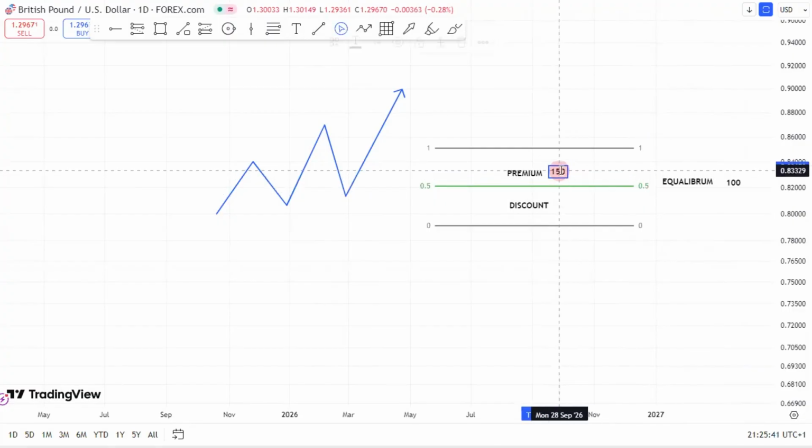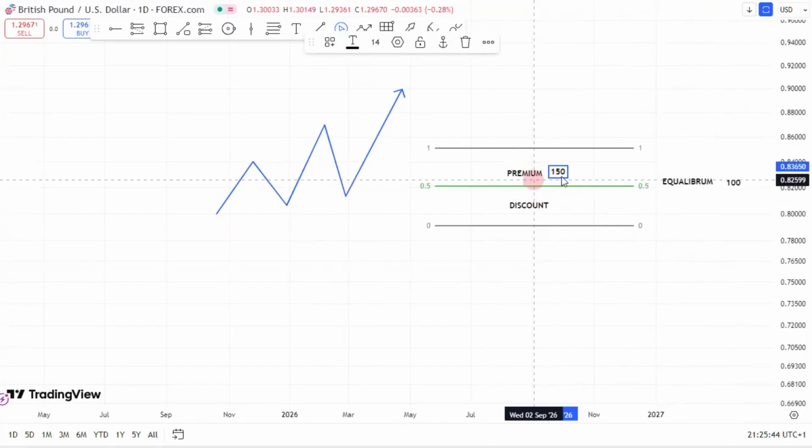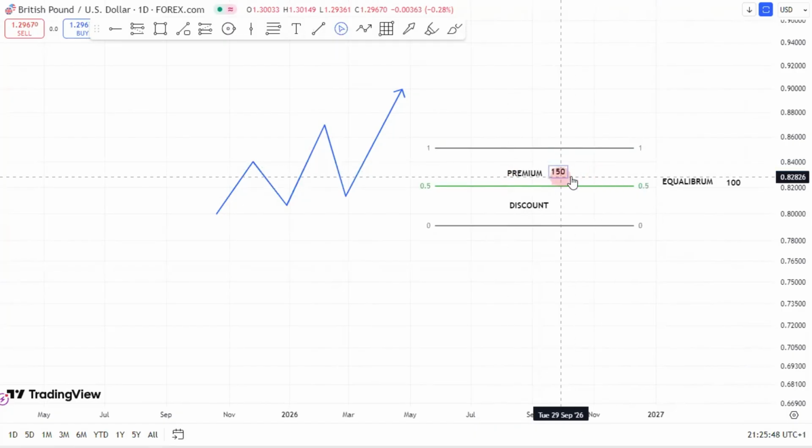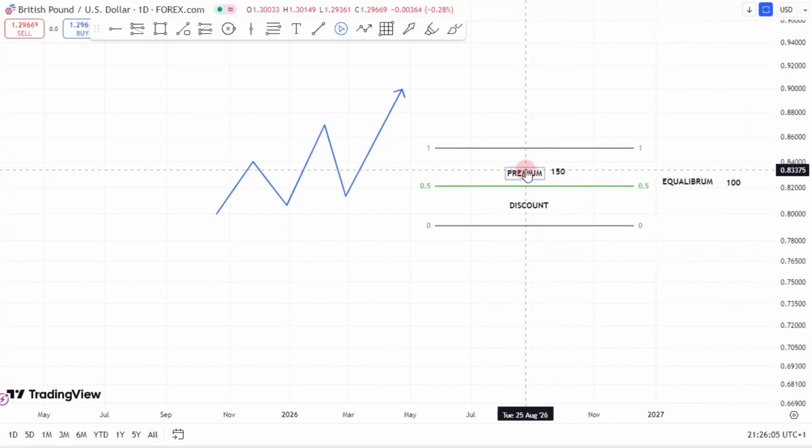Automatically, it means that this product is expensive. So at this point, you can say that the product is a premium product because the original price used to be 100, but now it is 150. It means that the value of the product is higher, meaning currently it is at a premium, okay?